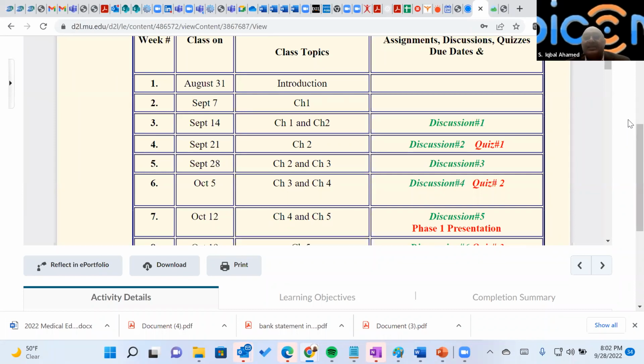Those who have missed, since this is the first time, I'm extending. So please take the quiz and don't worry about how many mistakes you have made. The goal of these quizzes is that at least you are going through the slides. At least you have some idea what we are talking about.